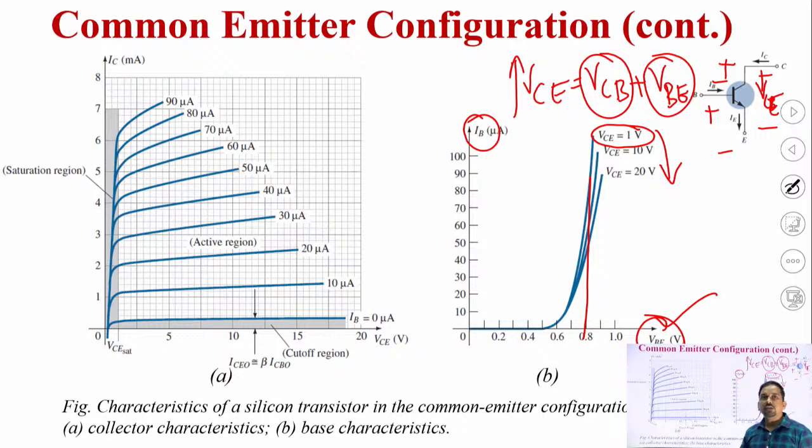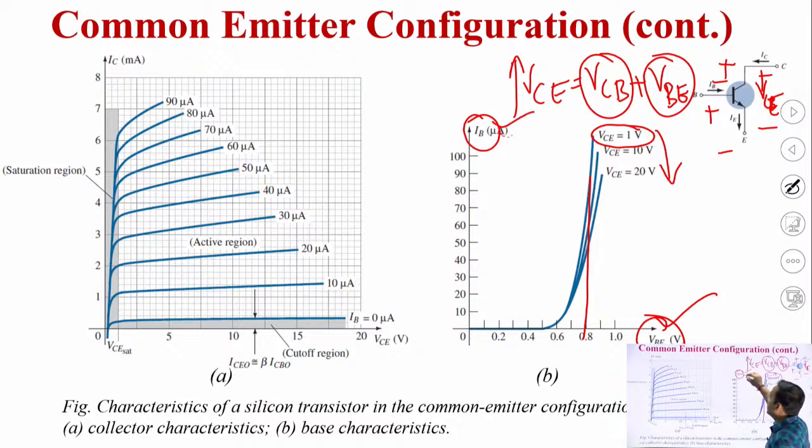So again we have a similar kind of concept here, the early effect. As the collector to base voltage increases, the depletion region width increases, which results in a decrease in the effective width of the base. And when the effective base width decreases, the recombination decreases.